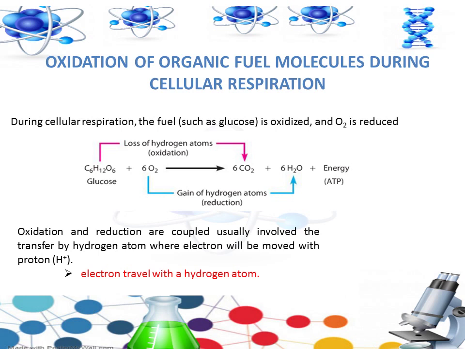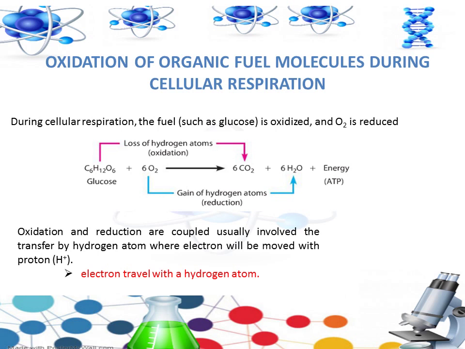Now, is there any redox reactions in the cellular respiration? Yes, so by memorizing the equation back, you can see there's a redox reaction inside the cellular respiration. So ingat balik equation yang sebelum ni, glucose plus oxygen, then the products are carbon dioxide, water and ATP.